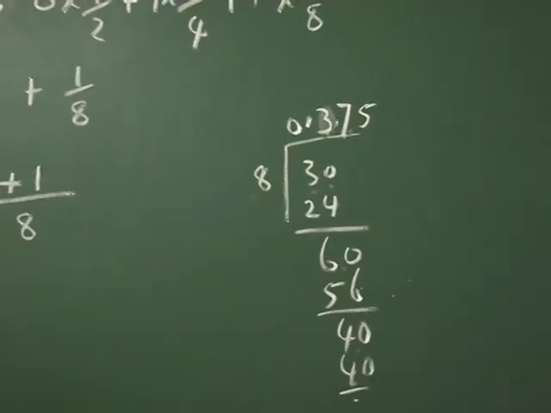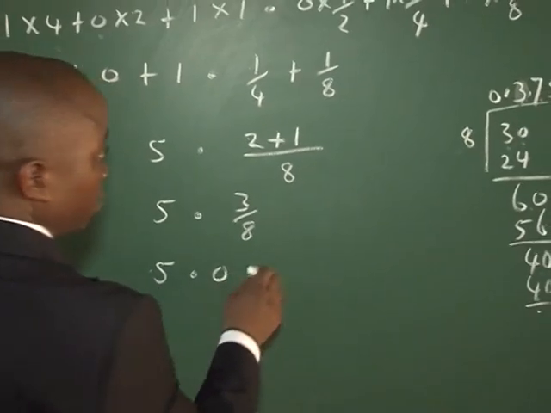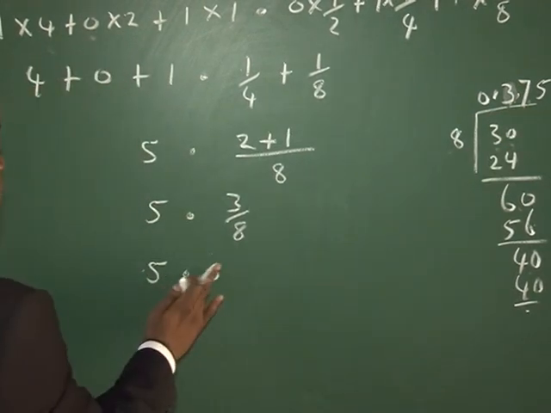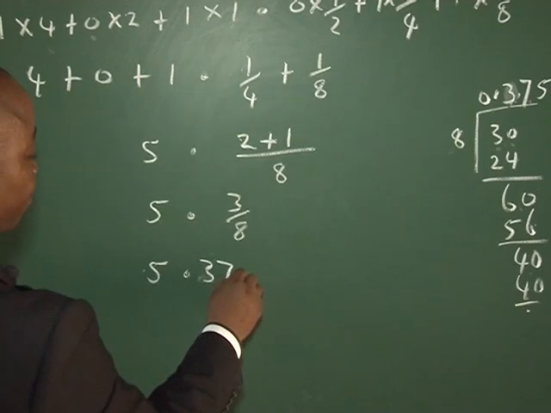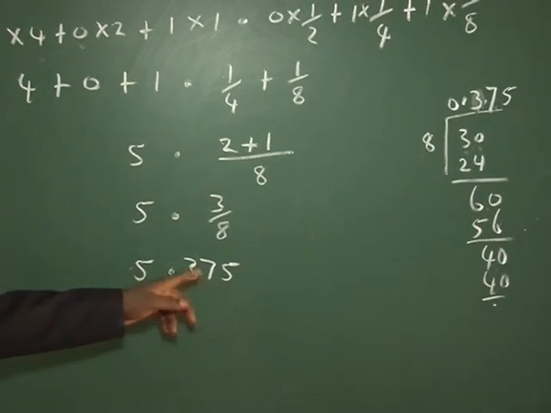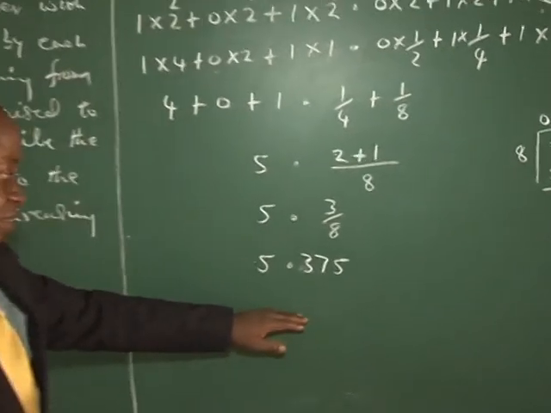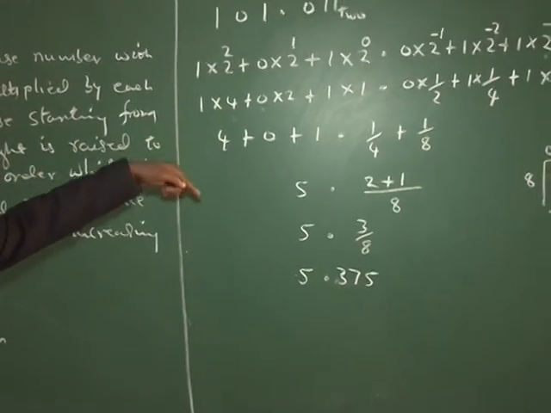Okay. So we have 0.375. So what we will have here becomes 5.375. You know what we are doing is 5 plus 0.375, which is 5.375 in base 10. So now we are able to convert this.